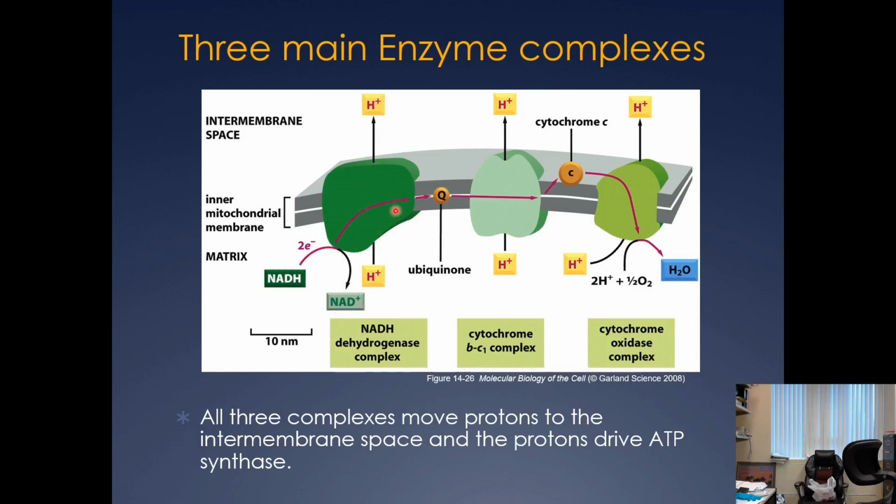Electrons from the NADH dehydrogenase complex actually go to ubiquinone, and then the electrons from ubiquinone go to the cytochrome BC1 complex, and then the electrons are eventually transferred to cytochrome C, and in the process the cytochrome BC1 complex is pumping protons, and eventually the electrons from cytochrome C go over to cytochrome oxidase, and eventually they go down and reduce oxygen into water. Okay? And in the process, the cytochrome oxidase is also pumping protons.